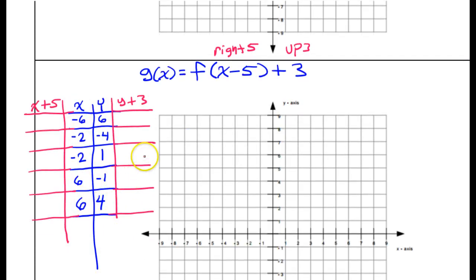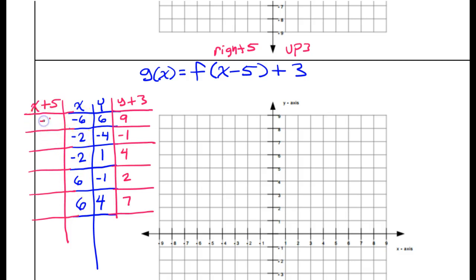Now I'm doing the transformations. So for example, if I substitute in 6 for y, so I'm just adding 3, this is going to become 9, and this is going to become negative 1, and this will be 4, and this will be 2, and this will be 7. So I simply added 3 to all of these y values. Similarly, I need to add 5 to all of these x values.